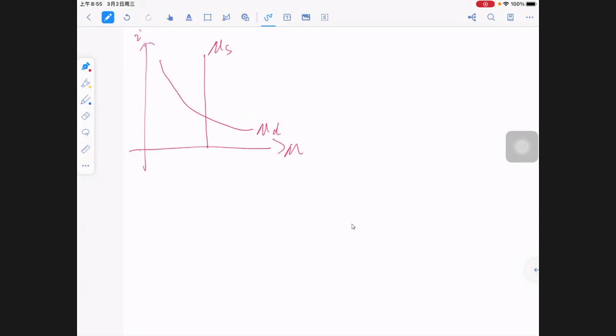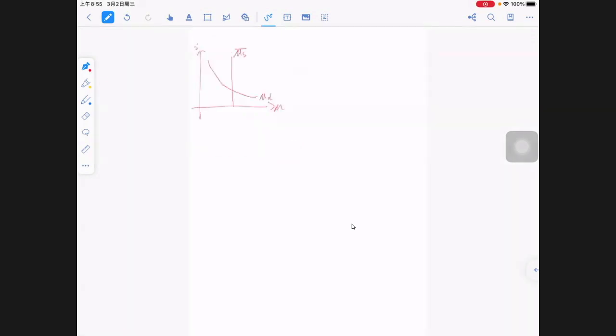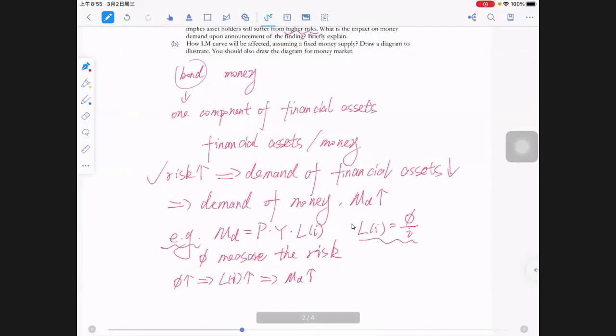Now this money supply is fixed as said in the question, and we have said just now that we have an increase in the money demand, right?